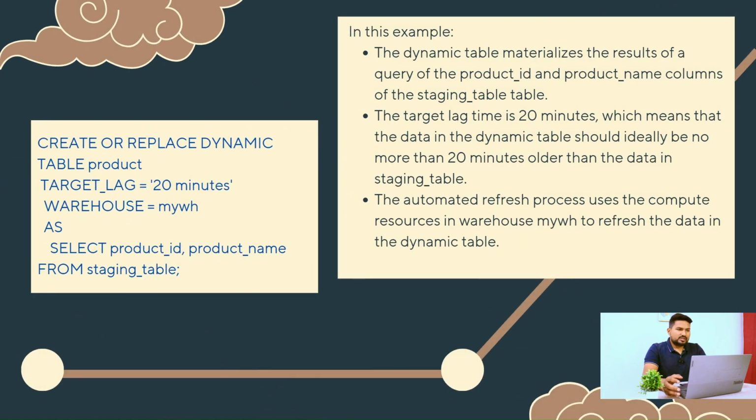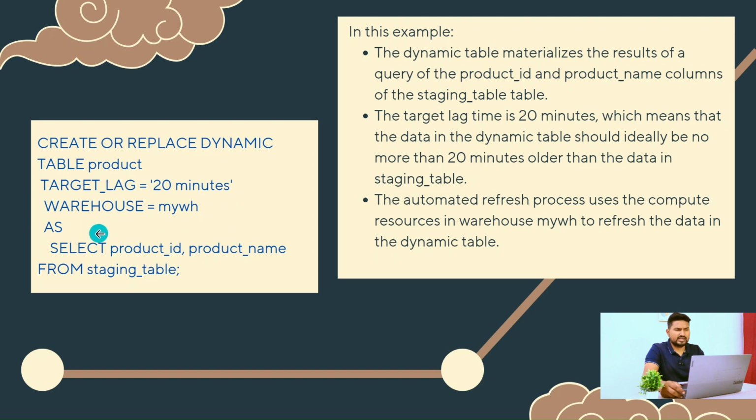So in this example, friends, we are going to create a dynamic table that materializes the result of a query of product ID and product name columns of the staging table data. Here you can see we are going to create a dynamic table called product. Okay, and the target lag is set to 20 minutes.